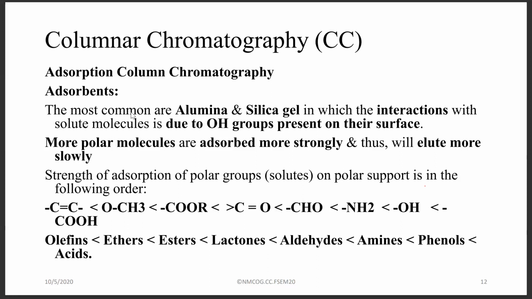What does this mean? If the alumina and silica gel have OH groups, meaning they're polar, and we have a non-polar mobile phase, then if our analyte is polar, it will be attracted to our stationary phase and therefore be eluted much slower.